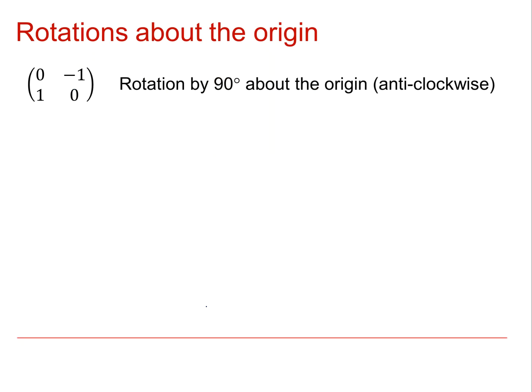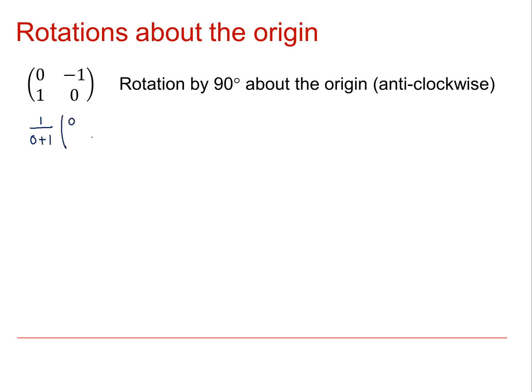Okay, what's the inverse of rotating 90 degrees about the origin anti-clockwise? Pause the video for a moment while you work out the inverse of this matrix and check it is what you're expecting. Okay, the inverse of this matrix is 1 over 0 take away minus 1.